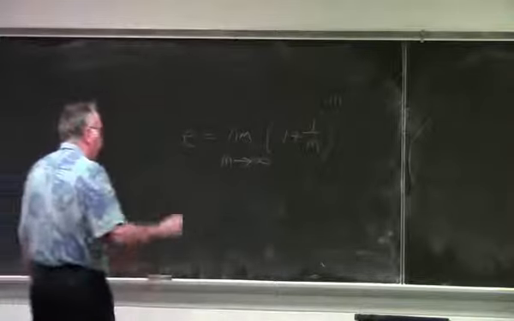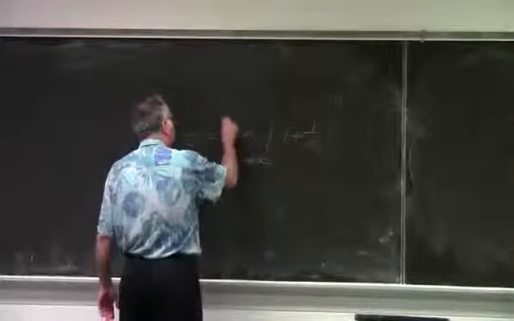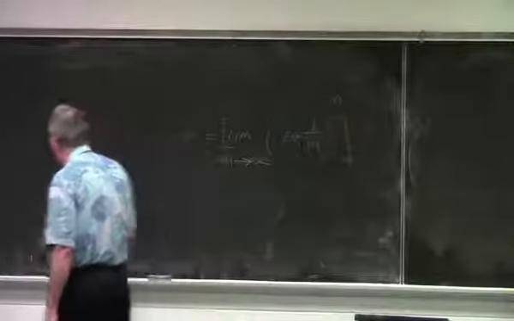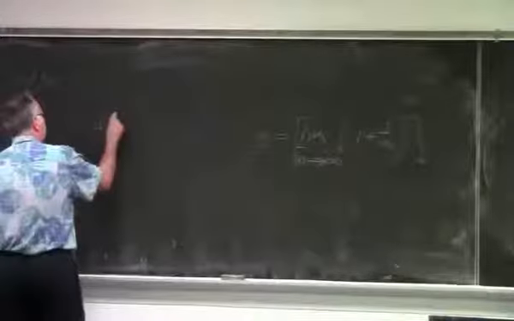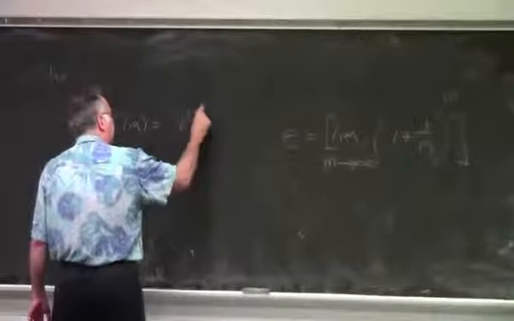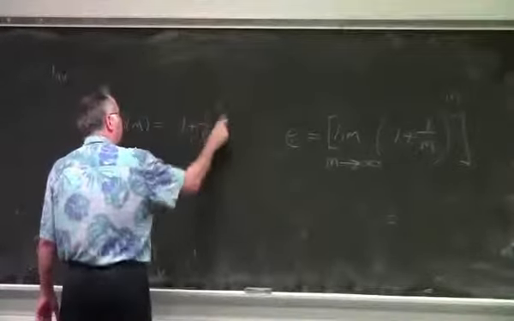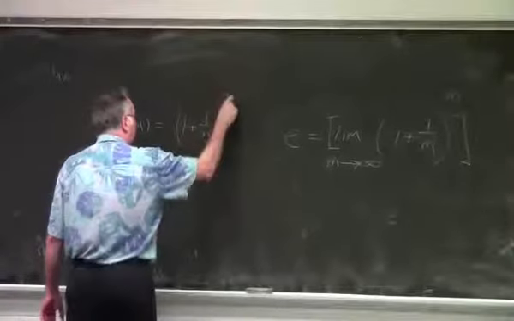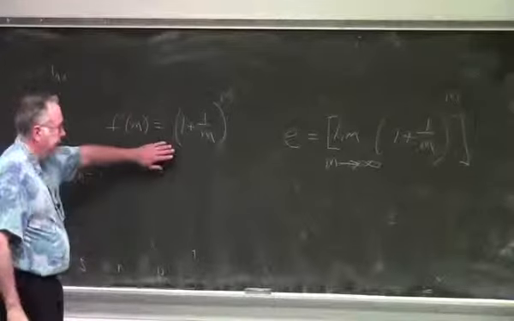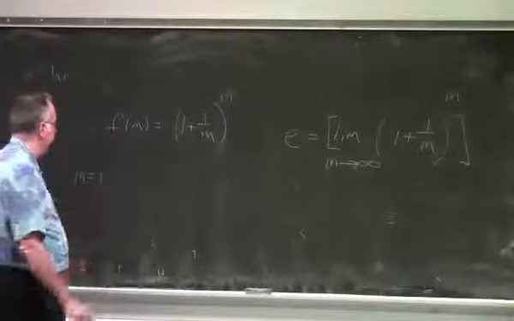Let's just call this part right here, this thing in brackets, f of m. F of m is defined to be this. 1 plus 1 over m raised to the mth power. If m equals 1, what does this equal? F of m.